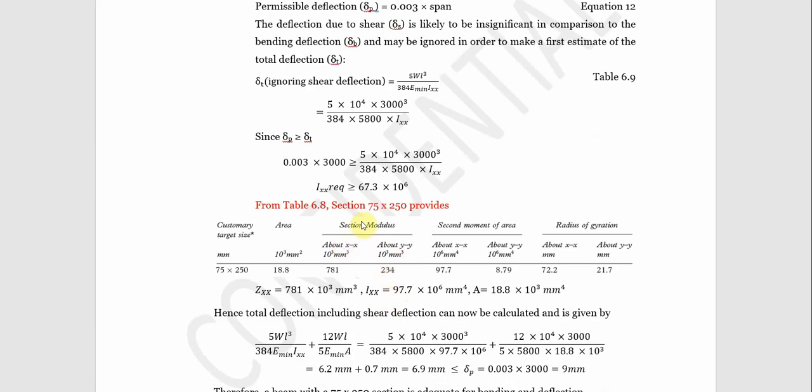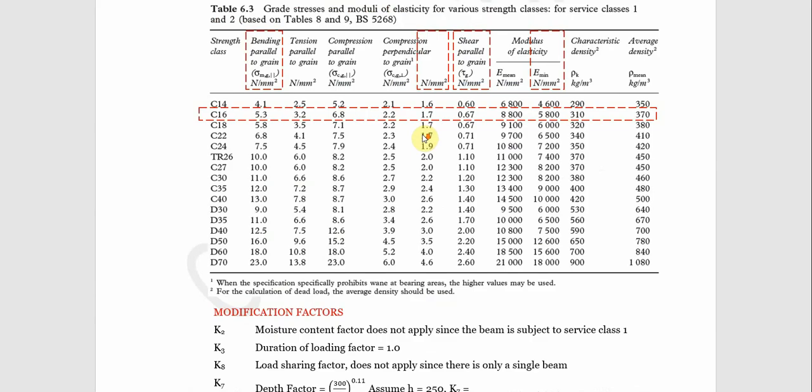And under this particular section for table 6.8, where we have the section modulus of 67.3, the second moment of area of 67.3, the one we will select, let me open the table.